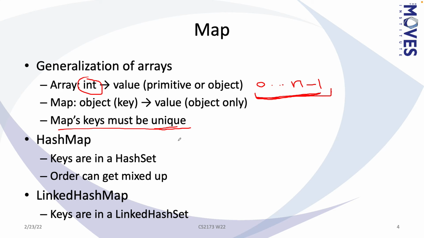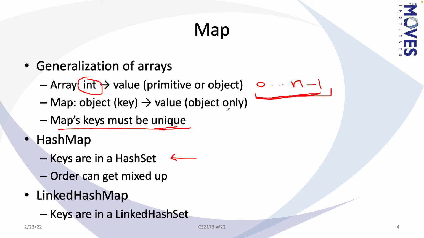So the name of the implementation tells you what kind of class is used as the keys. For the hash map, the keys are a hash set. Since a hash set can have the order just be arbitrary, if you don't care about the order, then they can get all mixed up. And by mixed up, I mean there's no natural order to them.